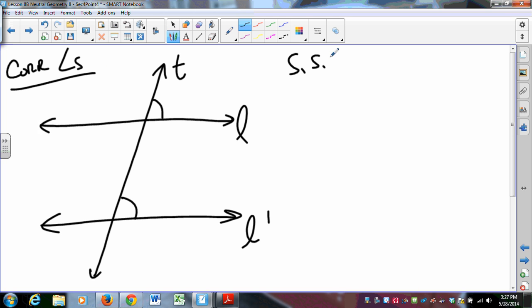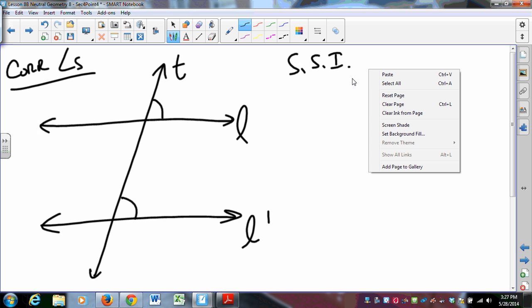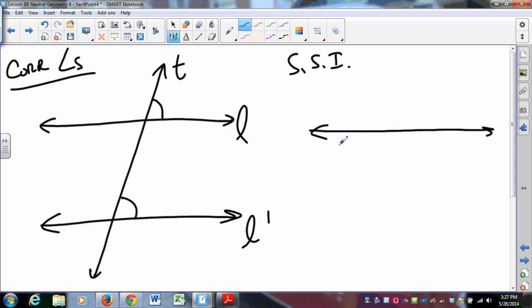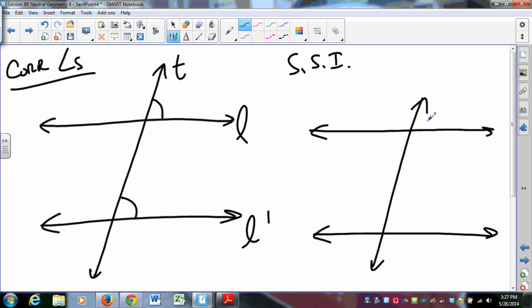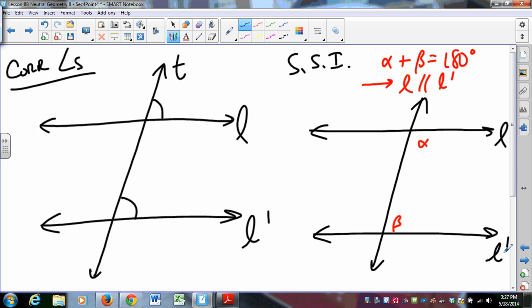Of course, you've got the same side interior angles. The same side interior angle theorem goes something like this. If I have alpha and beta, if alpha plus beta is 180 degrees, then L is parallel to L prime. And that won't be very hard, and you will pick up on that when we get into class.